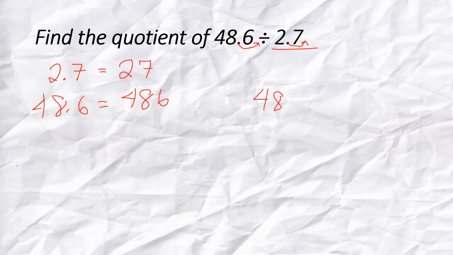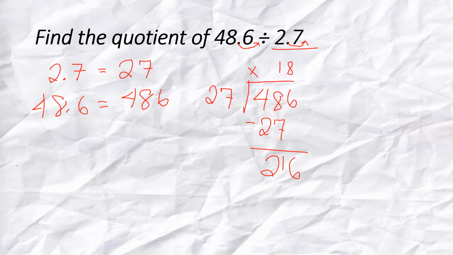So 486 divided by 27. 48 divided by 27, the answer is 1. 1 times 27 is 27, and then subtract: 8 minus 7 is 1, 4 minus 2 is 2, and then bring down 6. 216 divided by 27 is 8. 8 times 27 is 216. Subtract: 216 minus 216 is 0.